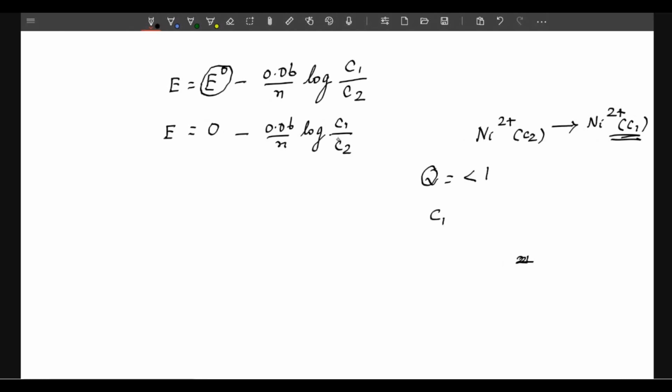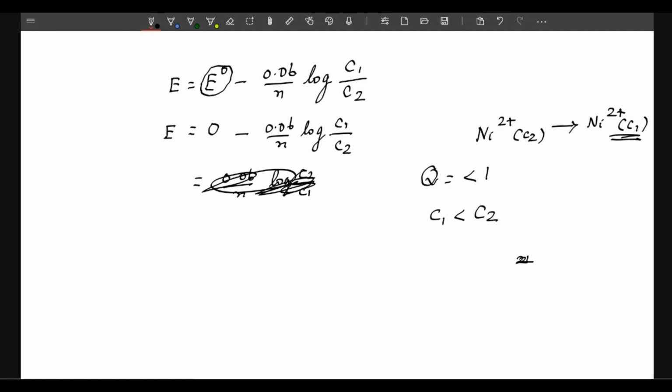C1 should be lesser than C2. Then the value is equal to 0.06 by n into log of C1. I'm sorry, we will change this around to C2 by C1. We will have this discussion, then we will go for the other way.